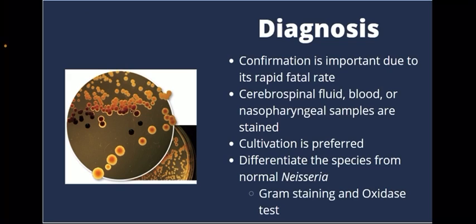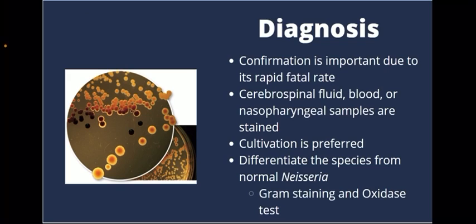As you can see, cultivation is the preferred method of diagnosis. It offers a quick assessment of the antimicrobial susceptibilities, and specific rapid tests are also available without culturing, but like I mentioned before, cultivation is the preferred method as it is more effective.